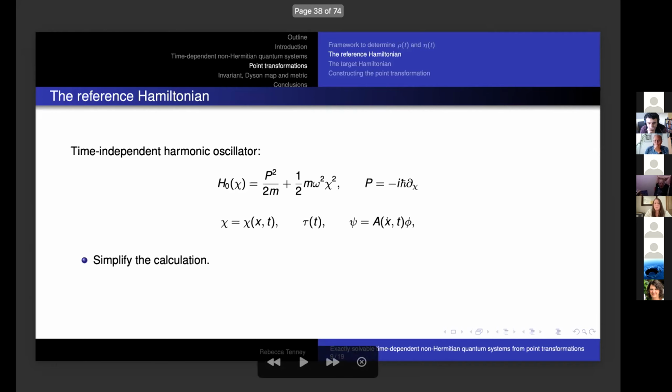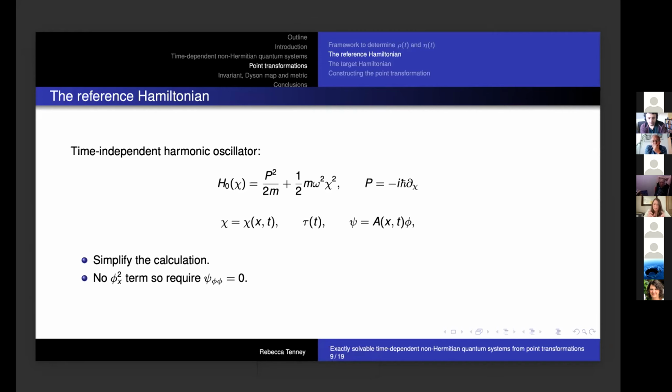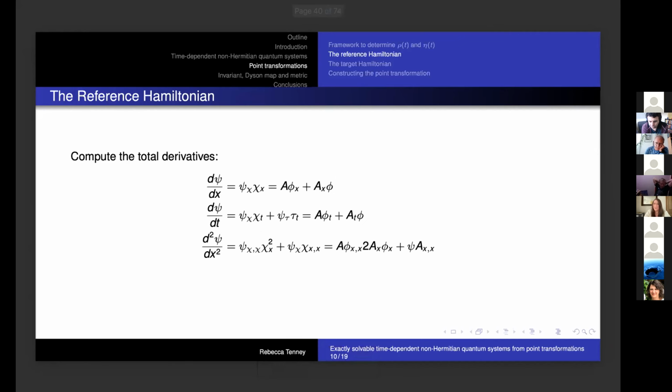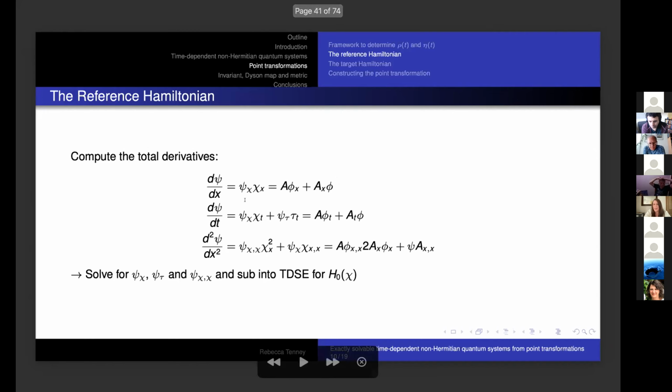We do this because it simplifies the calculation, but it also ensures that there are no nonlinearities present, because the Schrödinger equations we're considering don't have any, so we don't want any in these solutions, and this was how we could achieve it. Now that we have this, we can compute some total derivatives, which would have been more involved if we'd kept all the dependencies we had before. And we can solve these for psi chi, psi tau, and psi chi chi, from the time-dependent Schrödinger equation for the reference Hamiltonian.